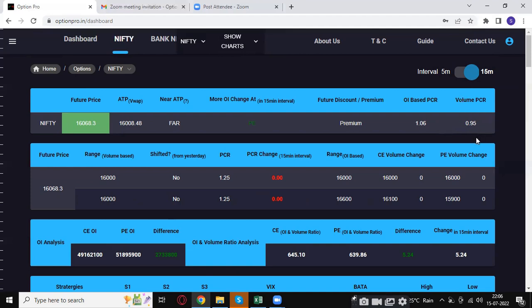For the volume based PCR, again, if it's more than 1 and keeps increasing, it is positive. If it is less than 1 and keeps decreasing, then it is negative. Okay, so there are 4 indicators we can see here: the OI change happening more at the C side or P side, the future at a discount or premium, OI based PCR and volume based PCR.